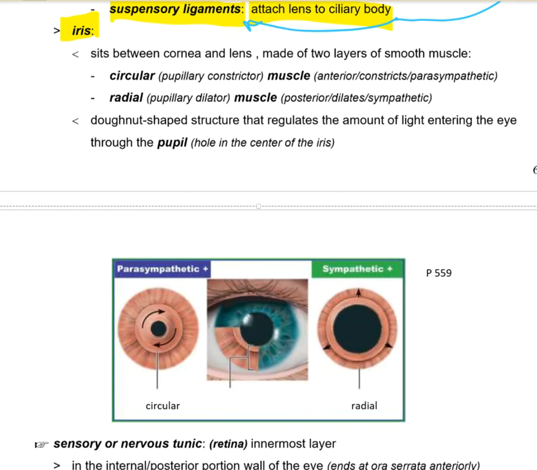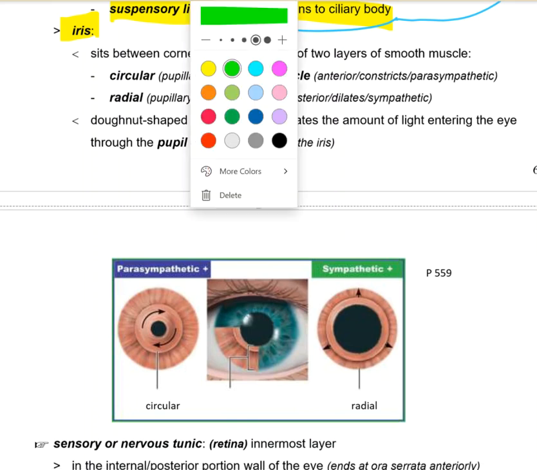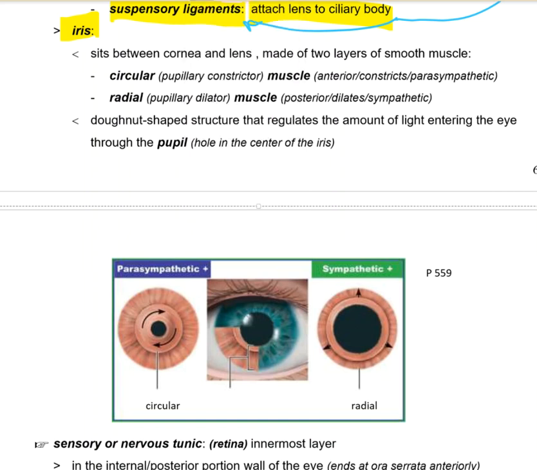So the circular one, why don't we start in yellow for the circular? The circular one is the constrictor muscle, because this circular action makes the pupil smaller. Now the pupil is like the palpebral fissure. It's not an actual structure, it's just the space that allows light to enter the eye.